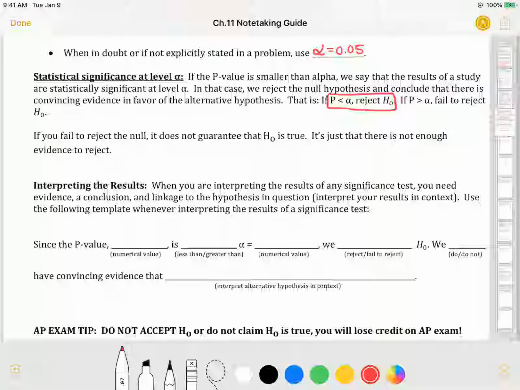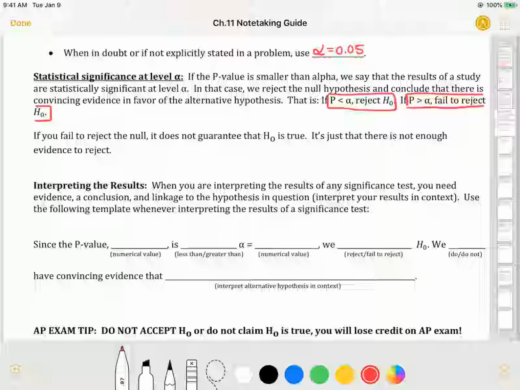And conversely, if the p-value is greater than alpha, we are going to fail to reject H0. So if the p-value is very large, that means this event is likely to occur often, so we aren't going to have any doubts that the null is true, and we will not have good evidence in favor of the alternative. Okay?